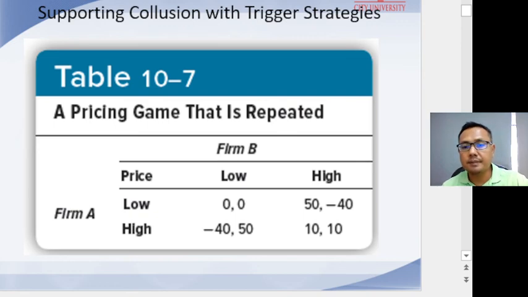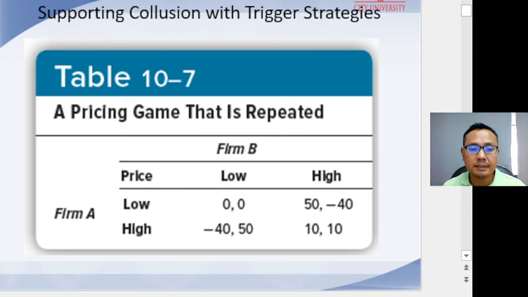Thus, if firm A cheats, it pulls a trigger that leads firm B to charge the low price forever after, and vice versa. It turns out that if both firms adopt such a trigger strategy, there are conditions under which neither firm has an incentive to cheat on the collusive agreement. Before we show this formally, let's examine the basic intuition.